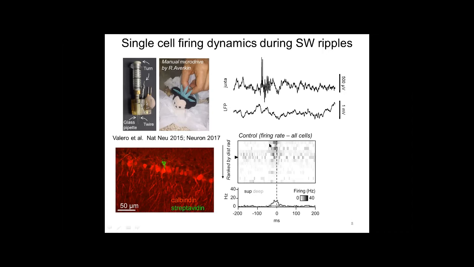There is an increase in firing around the zero point, which is the peak of the sharp wave. So this suggests that there is a gradient of participation during sharp wave ripples from the superficial to the deep layers. And this gradient runs across a few tens of microns in rats and mice.